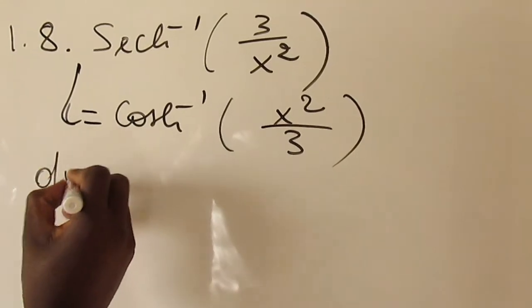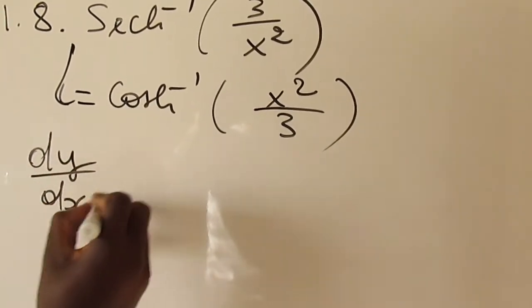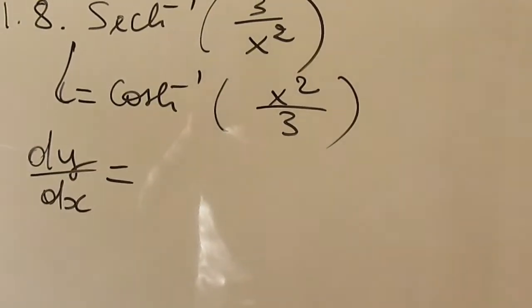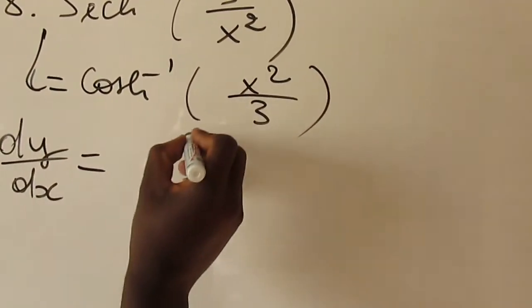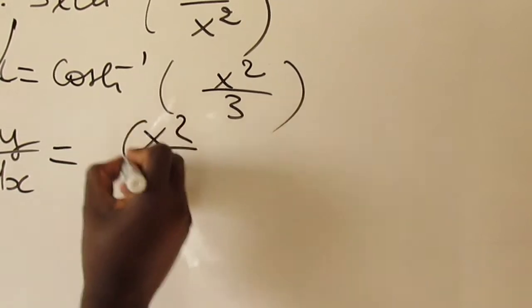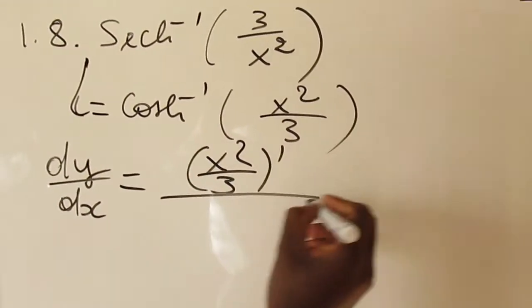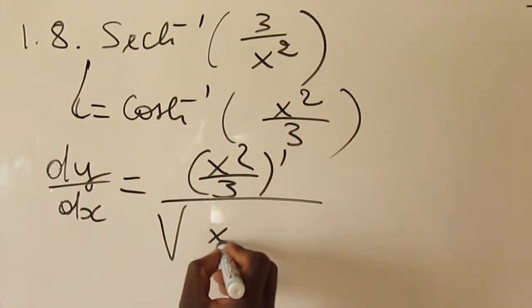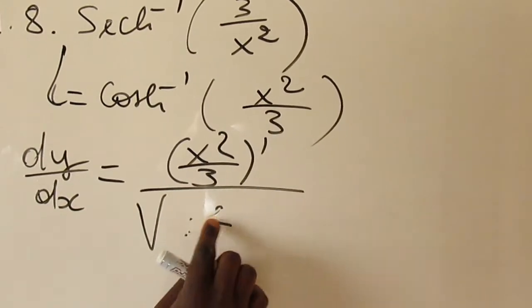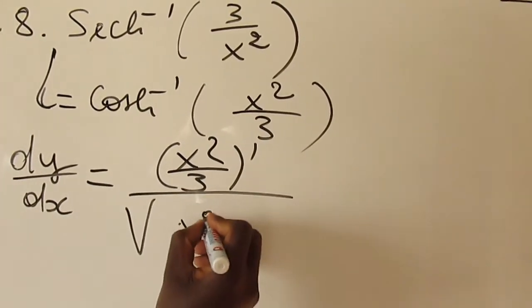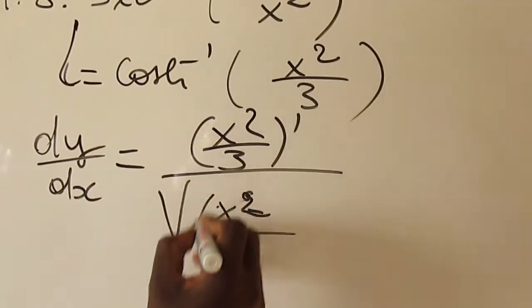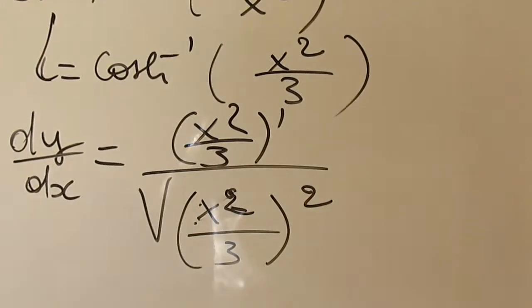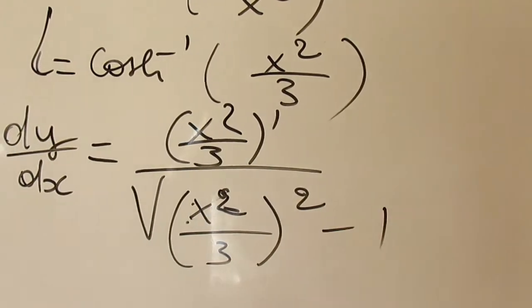And then when you have to find dy over dx of that arc cos of x squared over 3, what did we say? We derive first the function, and then over square root, you take the function squared, over the 3, and this has to be squared, okay, minus 1.